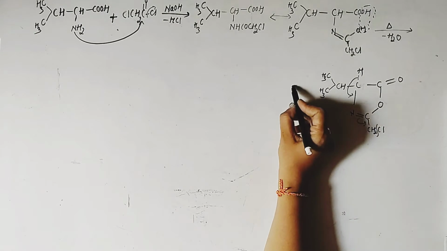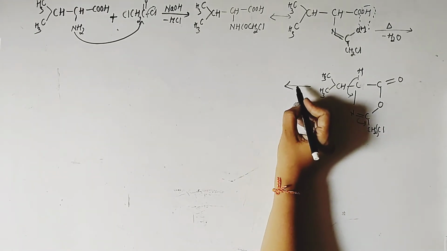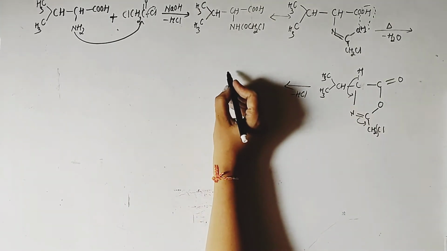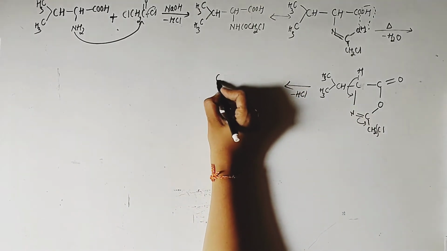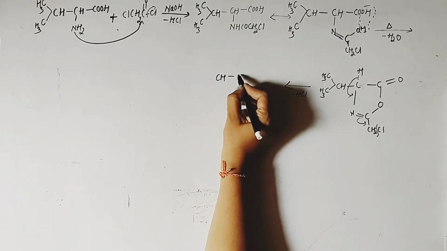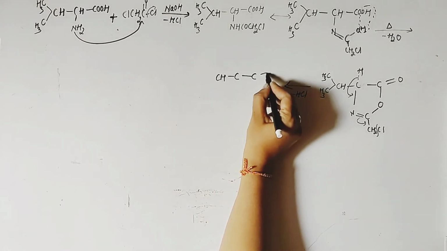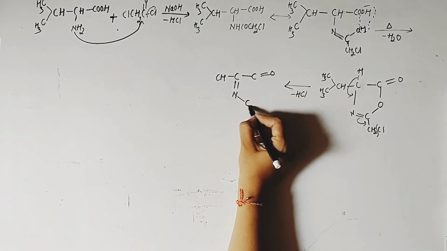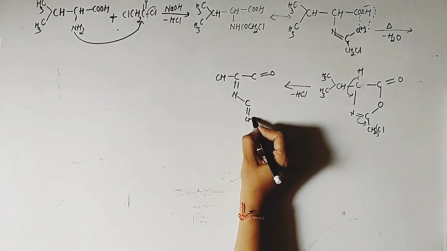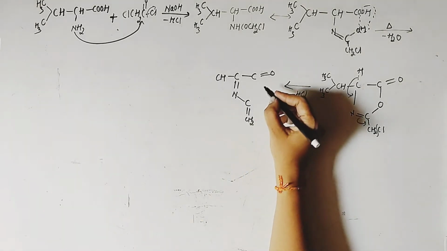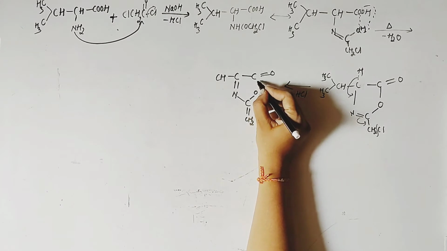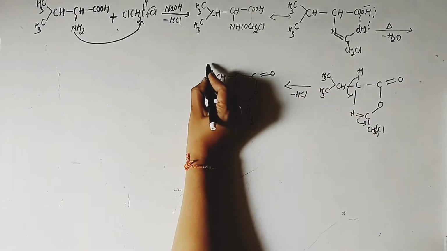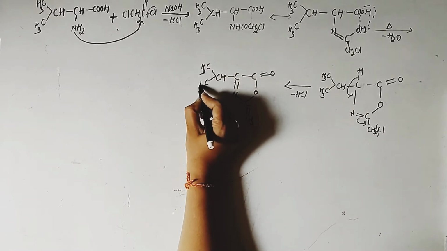So the next compound that we get here involves the removal of hydrochloric acid, and the remaining structure is CH, carbon, forming the double bond here, and on this side carbon to carbon, that is the methyl group, CH double bond, the remaining C2O and O2C, and here we have CH3 and CH3.